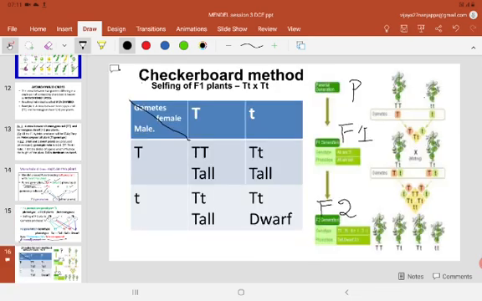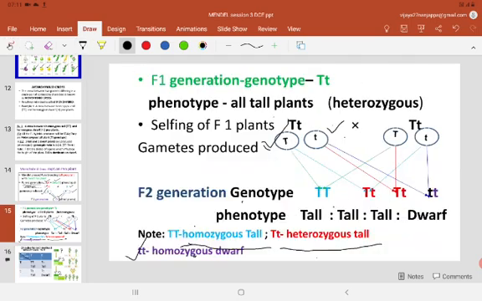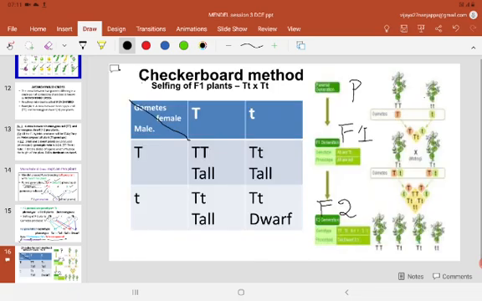The same thing is represented in the checkerboard method. Here you can make out the hybridization experiment which we just learnt.